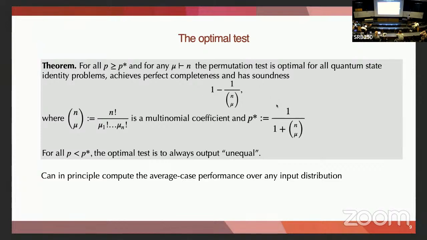And this P star probability has a very simple form. On the other hand, if we have a lower prior than P star, then the optimal thing to do is just always output unequal, which is maybe not so surprising. But now we have this rigorously proven. And in principle, we can compute an average case performance over any input distribution.